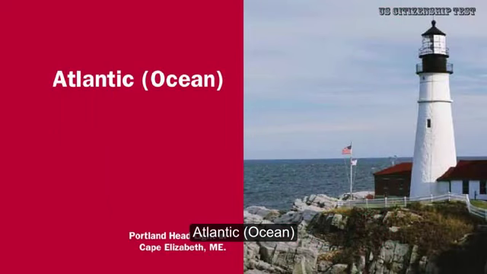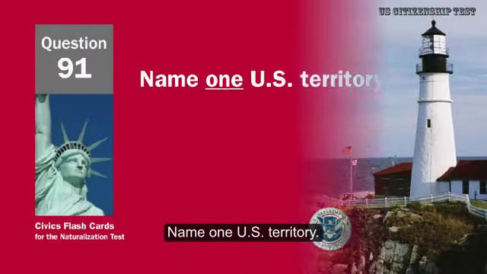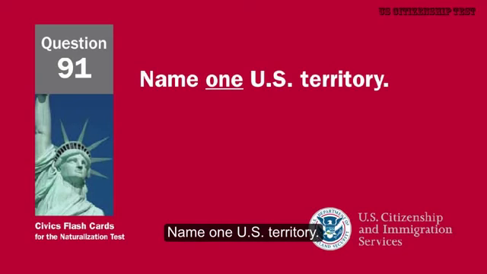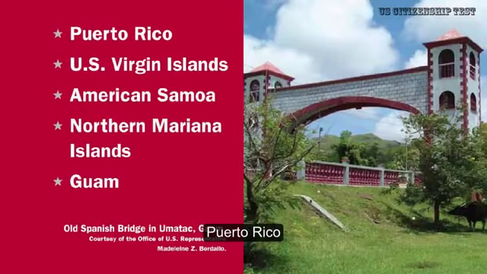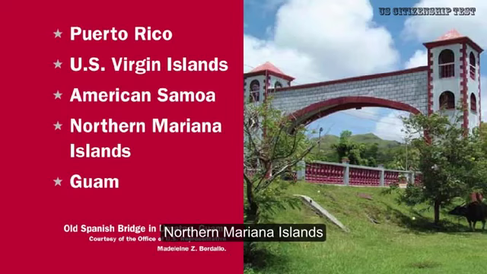Atlantic Ocean. Name one U.S. territory. Puerto Rico. U.S. Virgin Islands. American Samoa. Northern Mariana Islands. Guam.